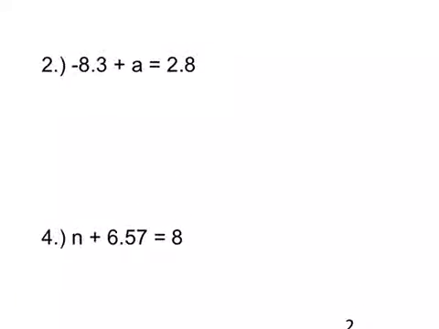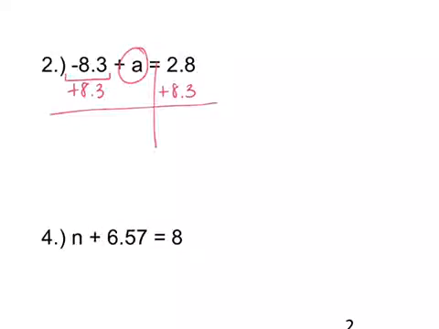Number 2, circle the variable, draw the line down from the equal sign. Now be careful with this one because you want to do the opposite of whatever's in front of the number you're trying to get rid of. So we're trying to get rid of this number. So we need to do the opposite of that. The opposite of negative 8.3 is positive 8.3. And you do that to both sides.